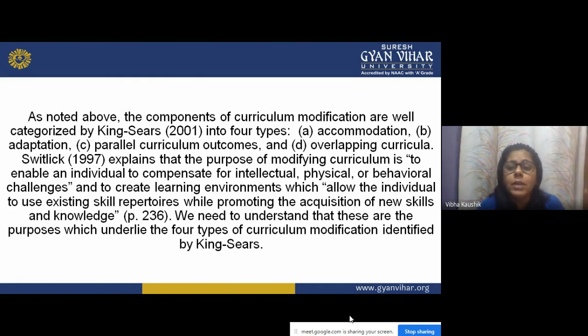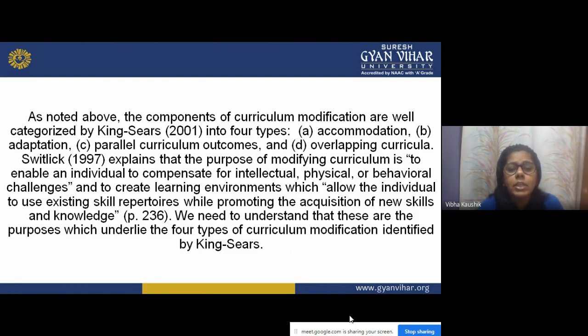These are accommodations, how we accommodate the information; adaptations, how we are adapting the new information that we want to give through the curriculum; parallel curriculum outcomes, what are the different parallel curriculum outcomes from the existing curriculum; and overlapping curricula, and how the overlapping curriculum will work.